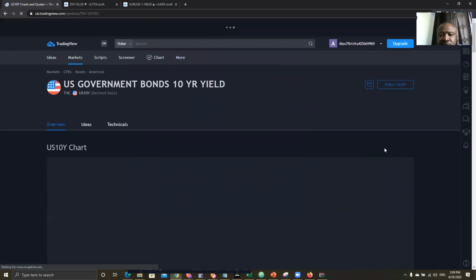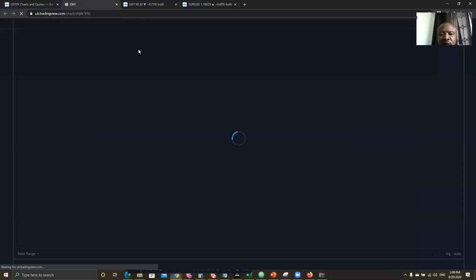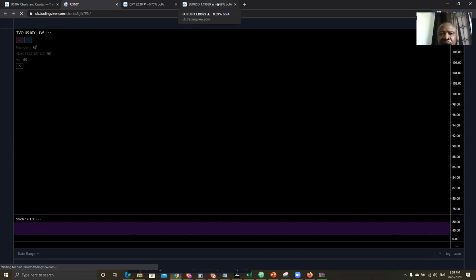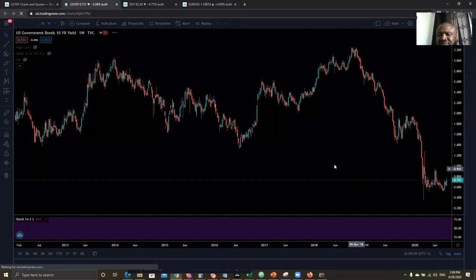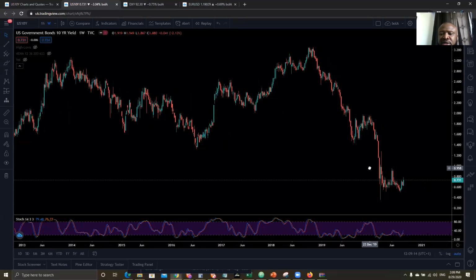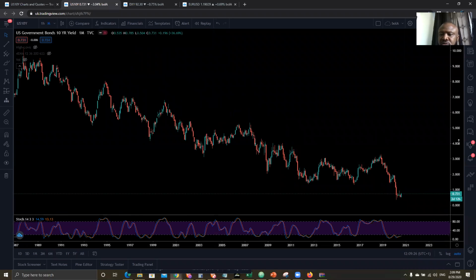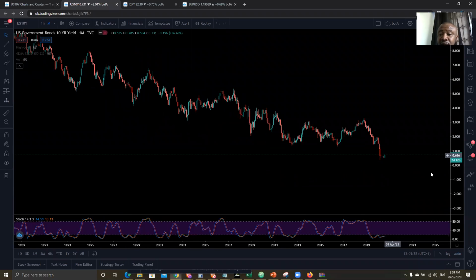So we were doing a comparison of the yield chart and then the dollar. Yeah. And what we can see is the yield is on a significant impulsive move down, which means this might be a correction. Let's look at it on... And it's in an area which is uncharted.